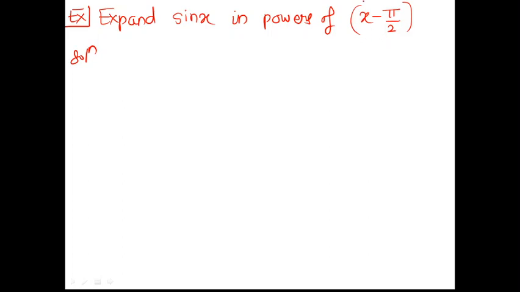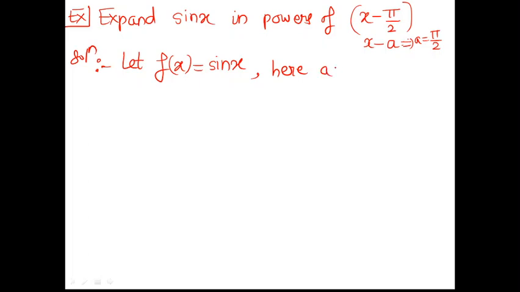So compare this whenever we have the expansion in powers other than x; those terms must be compared with x minus a. On comparing this, what does it give? This gives you a as pi by 2. So here we are going to use the expansion of the function in the powers of x minus a. Let's first denote f of x is equal to sin x, because this is the function to be expanded. And again, mention what is a. So here a is pi by 2.